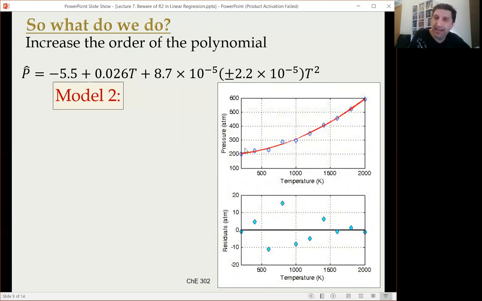When you do that, and when you draw this diagram and plot the residuals, note that you do not need to draw the fitted line on these points to show the residuals, but it looks nice and helps to understand the whole thing. When you plot the residuals with respect to temperature, you can see that they seem to be pretty much random.